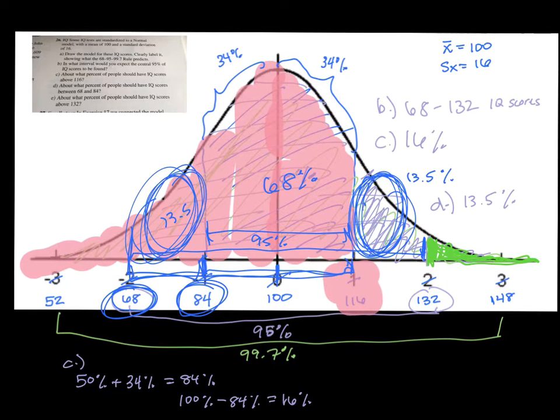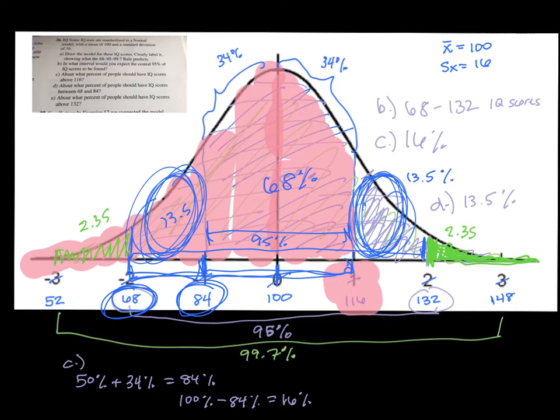Well, let's just do some adding. So we know that it's 34 and 34, 13.5 and 13.5. The next piece is 99.7. So 99.7 minus 95 is going to give us 4.7. Divided by 2, that's going to leave this small chunk 2.35%. This other small chunk on this side, 2.35%.